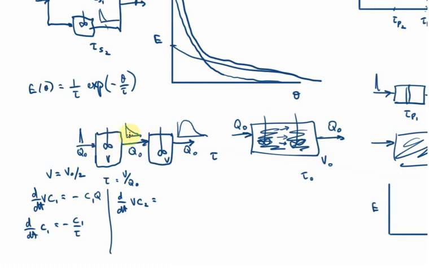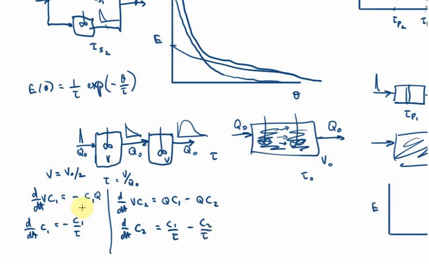So even after t0, we have a non-zero tracer contribution here. So we can rewrite this as Q C1, and then we do have an exit stream from here, so this is going to be Q C2. So we can write d/dt of C2 is C1 over tau minus C2 over tau.